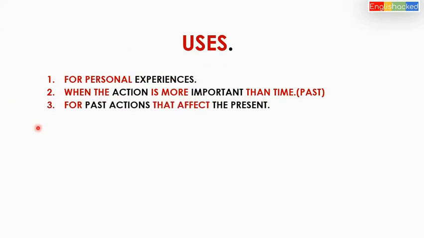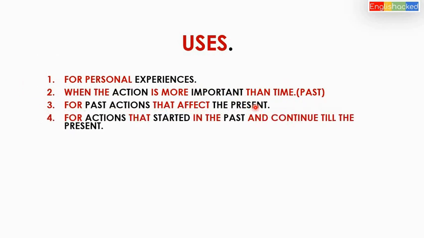3. We also use the present perfect tense for past actions that affect the present. If the past action affects the present, we use the present perfect tense. 4th, for actions that started in the past and continue till the present. You got it?